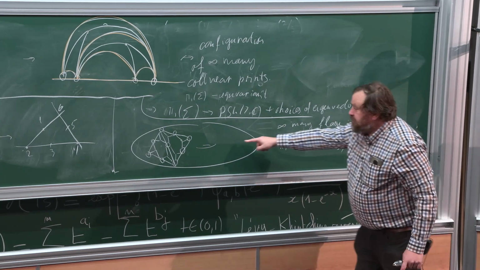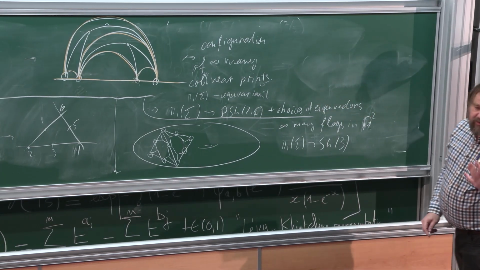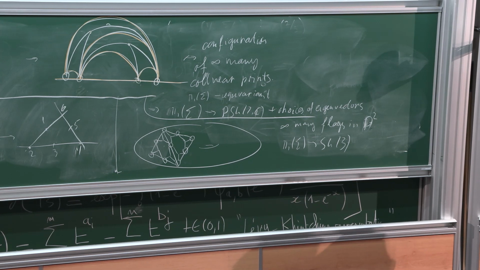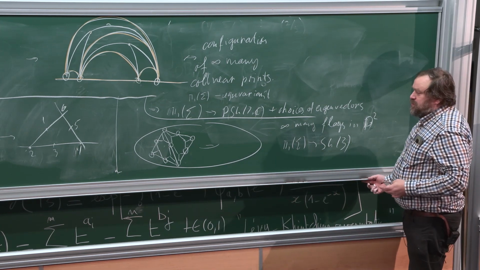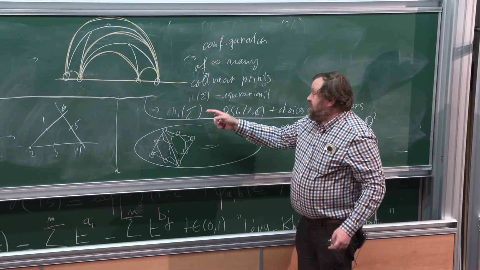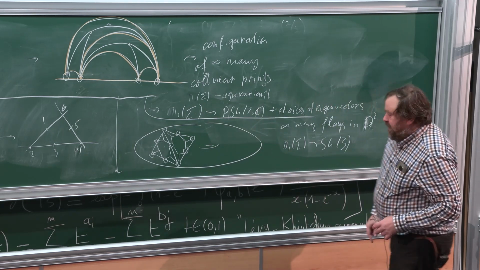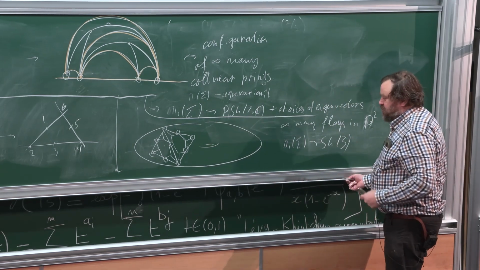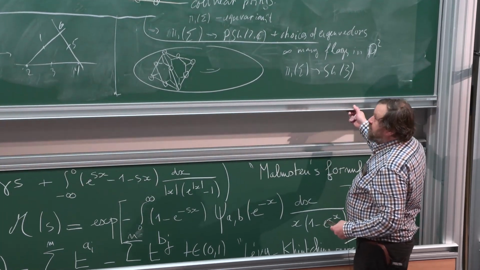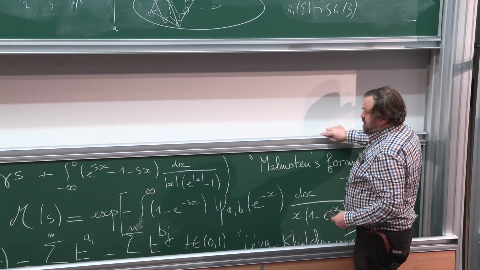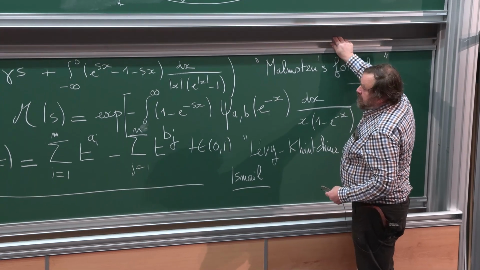Around the points. And the same thing here, you need to choose the invariant flag, and it can be done generically 6 possible ways. So this is not actually an isomorphism, but a covering, because there is this choice of flags.